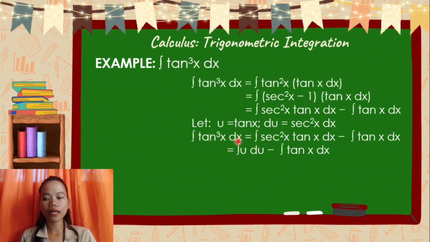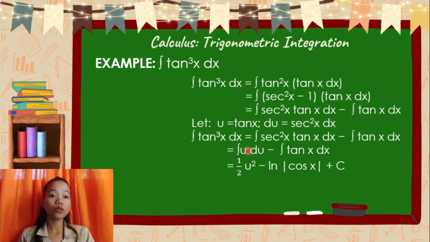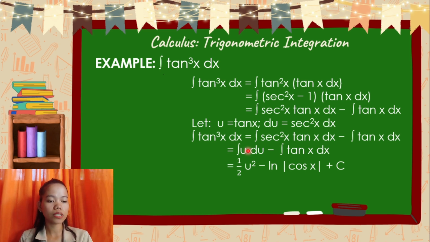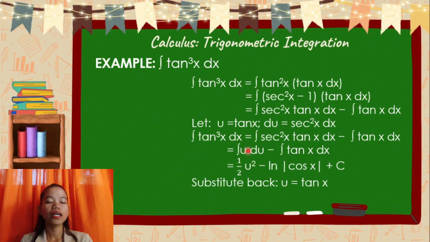So what is the integral of u du? We have 1/2 u squared minus the integral of tan x. What is the integral of tan x? We have the negative ln of the absolute value of cosine of x plus c. After that, we substitute back u equals tan x.